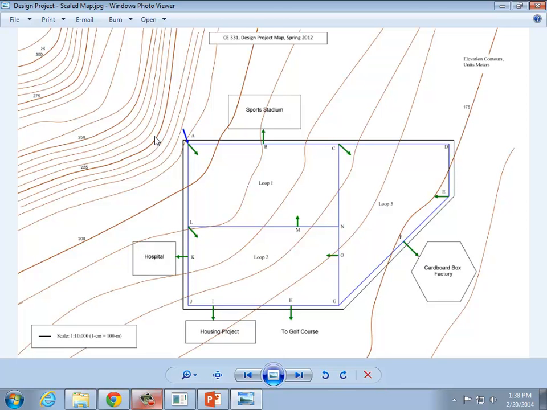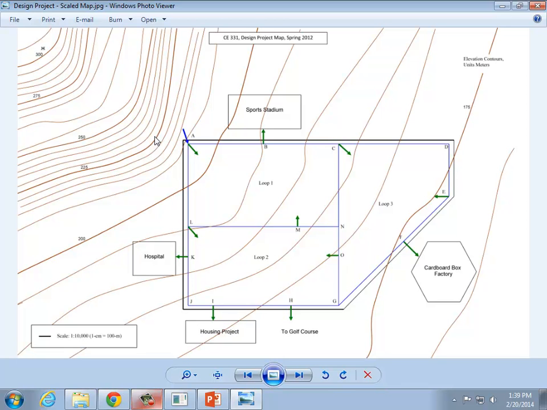So that gives you a pretty good idea of what you should be doing just to get started. You should be doing the calculations you need to fill in this final page here. So look at your assigned city, and for the population density, how many people are in loop 1?